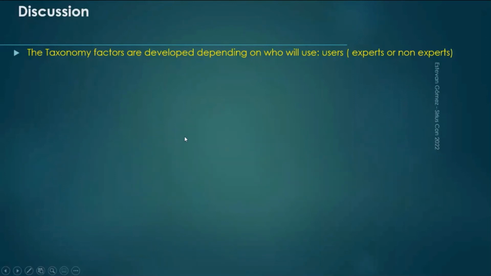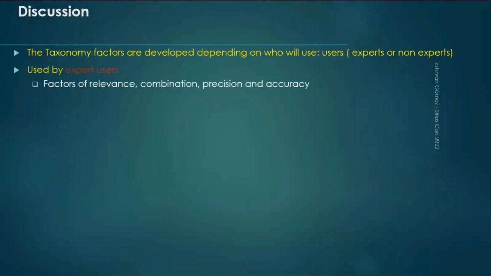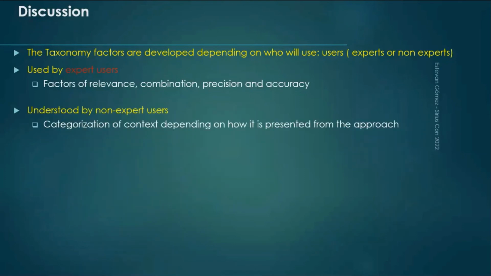The taxonomy of factors is developed depending on whether we address experts or non-experts. For expert users, there are factors of relevance that should be considered: precision, accuracy, among others. For non-expert users, it's important to have a categorization of context in how it's presented by the approach.